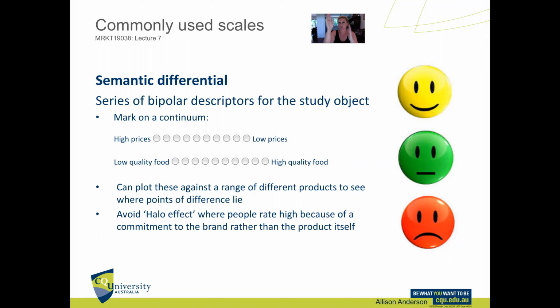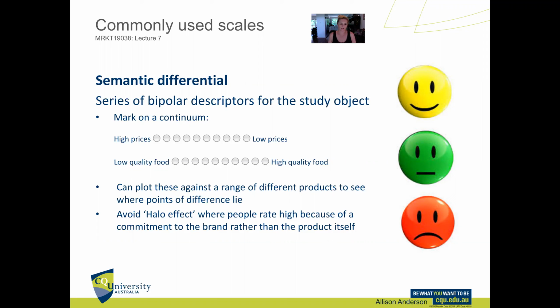They follow the same line, but then one jags way out to the right because it's got higher quality food, and this one jags out to the left because its prices are too high. So it gives you an opportunity to compare things.